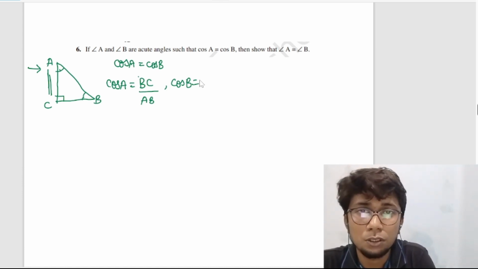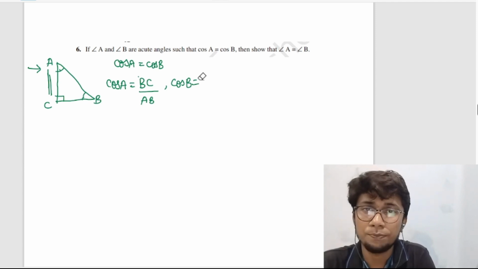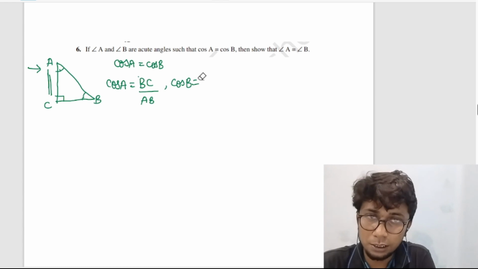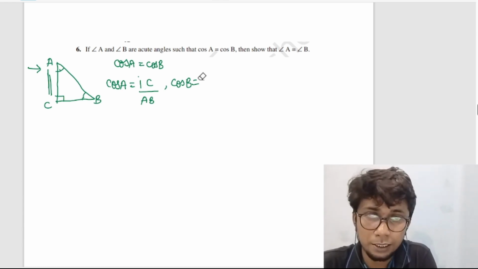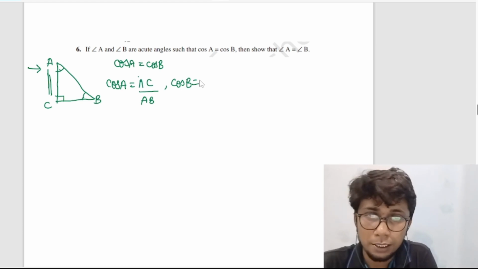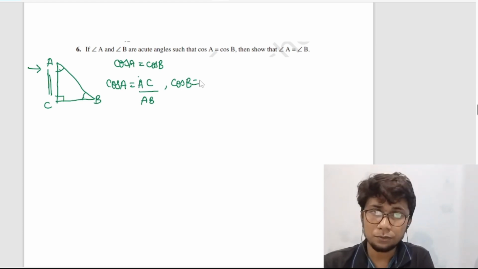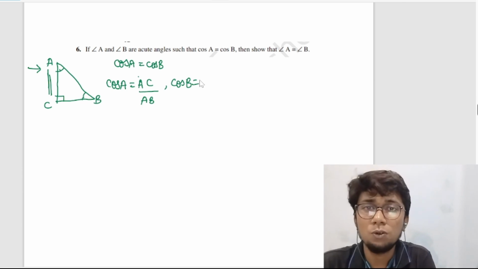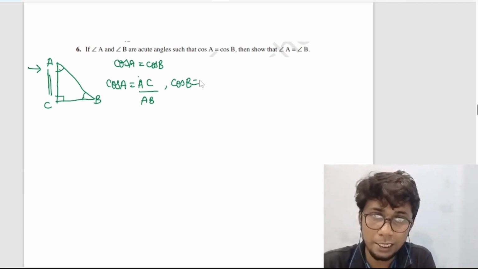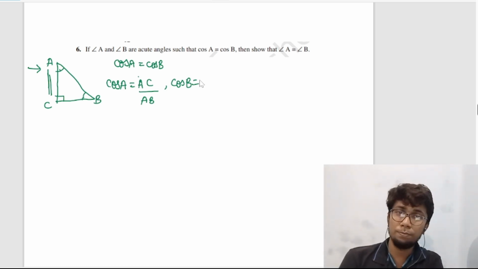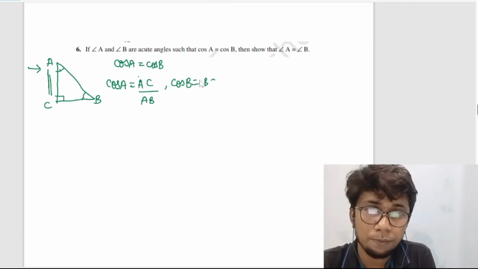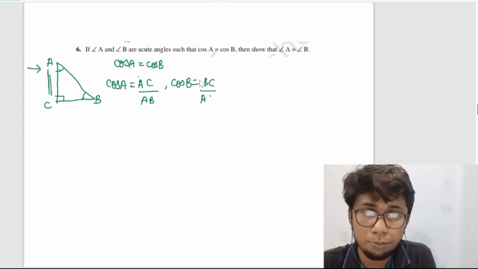Oh, sorry, I just made a mistake, I guess. For angle A, this BC was our perpendicular, this AC was our base, right? So it is not BC, it is AC. Alright. And now we'll see cos B, and for B, this AC is going to be our perpendicular, and this BC is going to be our base. So this is BC over hypotenuse, that is AB.